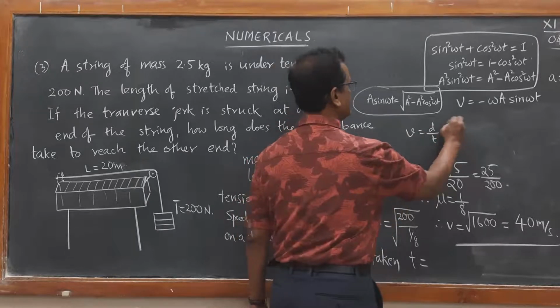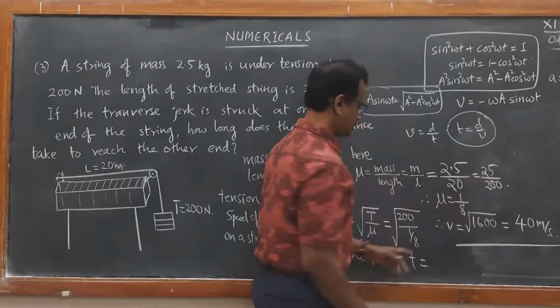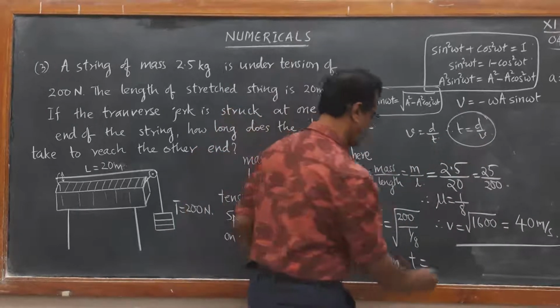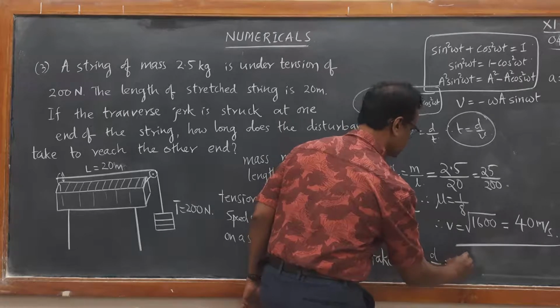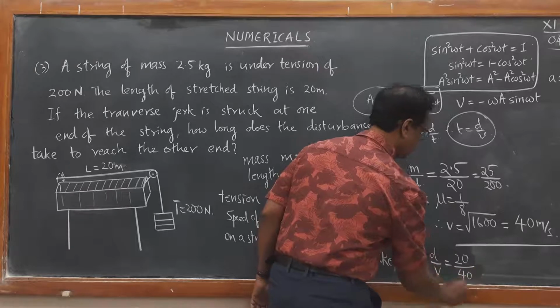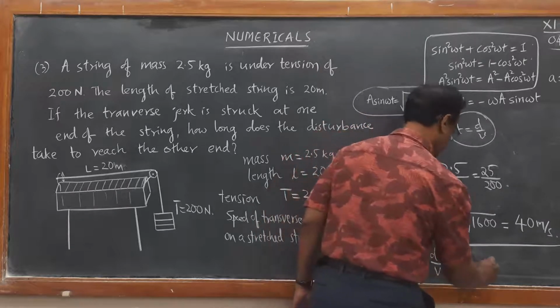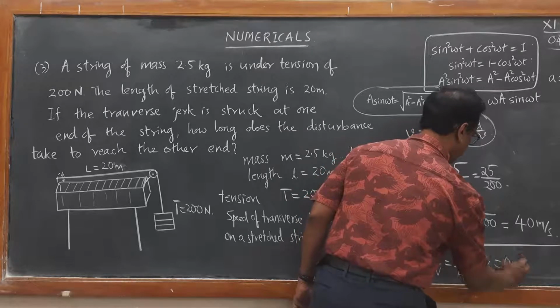Therefore, t is equal to d by v. Substitute: d is 20 meter and v is 40 meter per second. So it becomes 1 by 2, that is 0.5 seconds.